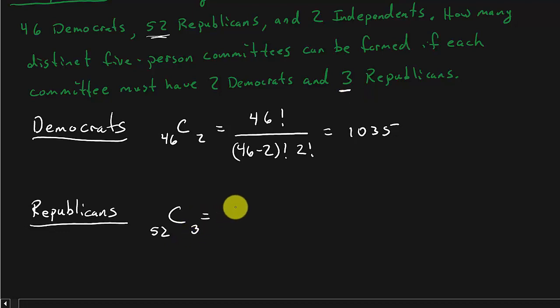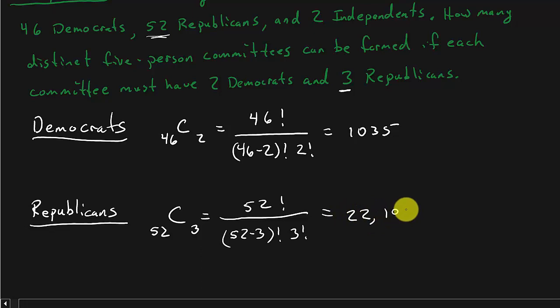All right, so this is 52 factorial over 52 minus 3 factorial times 3 factorial. And that ends up giving you 22,100.